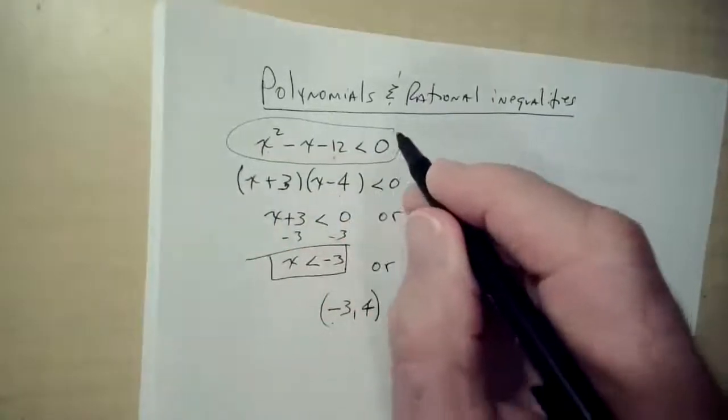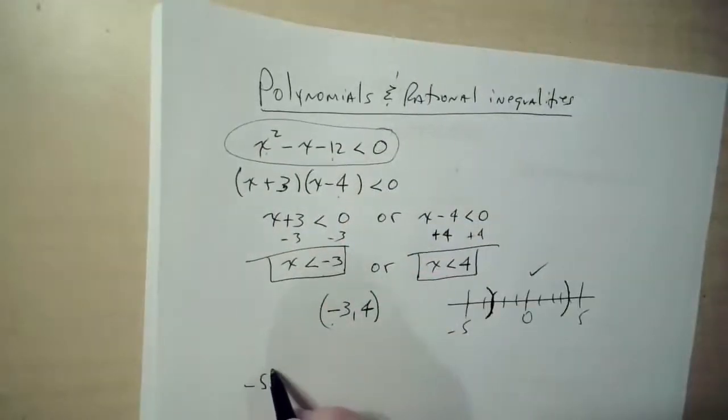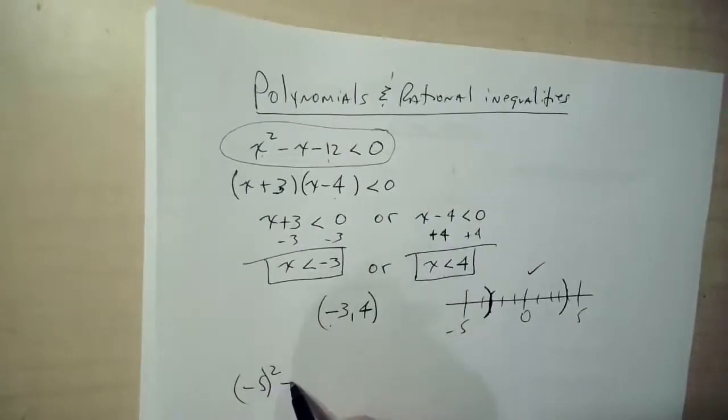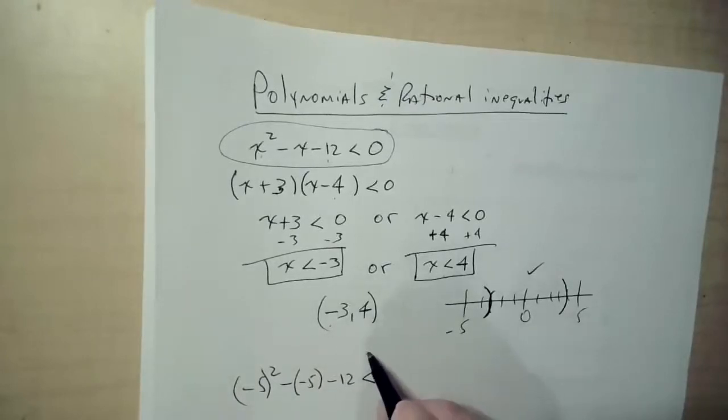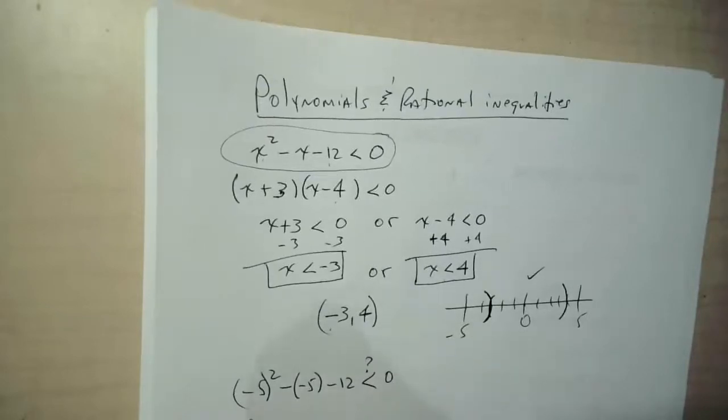Now let's take -5. Plug it into here. -5 squared minus -5 minus 12. Is that less than 0? -5 squared is 25.